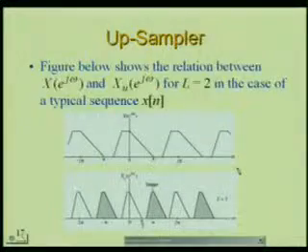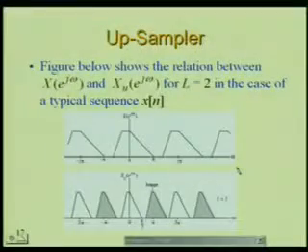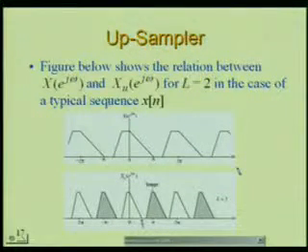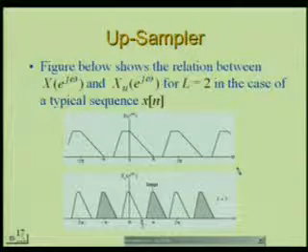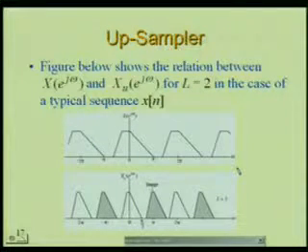This part is clear. So, here I can give you a pictorial representation of the frequency response. This figure shows the relation between X(e^jω). What is X(e^jω)? Frequency response of the discrete sequence x[n]. In analog domain, normally we use X(ω).